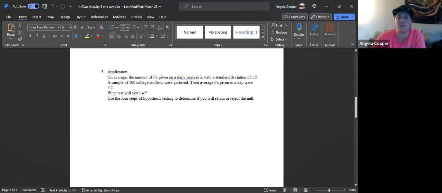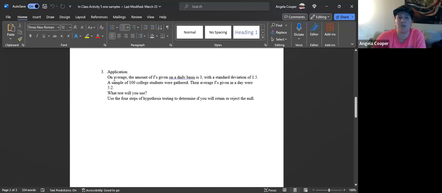So we have the average amount of Fs given on a daily basis is 3 with a standard deviation of 1.5. A sample of 100 college students was gathered. Their average Fs given in a day was 5.2. So we have a population mean here of 3 on a daily basis, and the population standard deviation of 1.5.